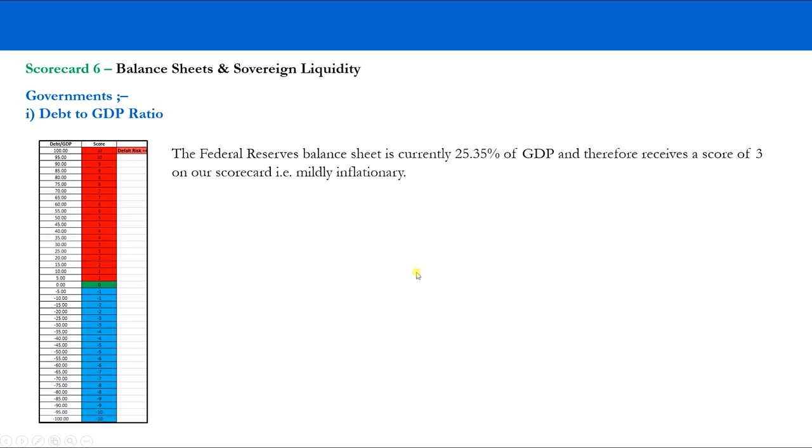Again, we have to look at this objectively. 25% debt to GDP on the Federal Reserve's balance sheet is obviously very historically high, but it has much more room, if it wants to inflate further, and the pressure is increasing to inflate further all the time, because this becomes a self-perpetuating situation. So that just about wraps it up in terms of balance sheets and sovereign liquidity.